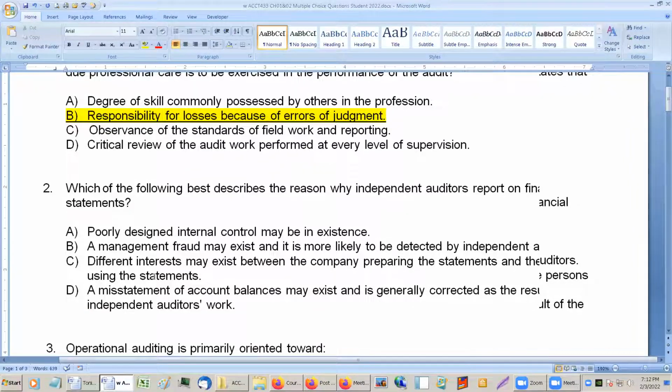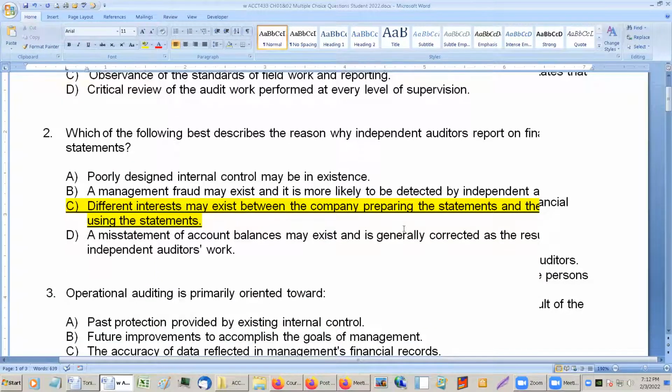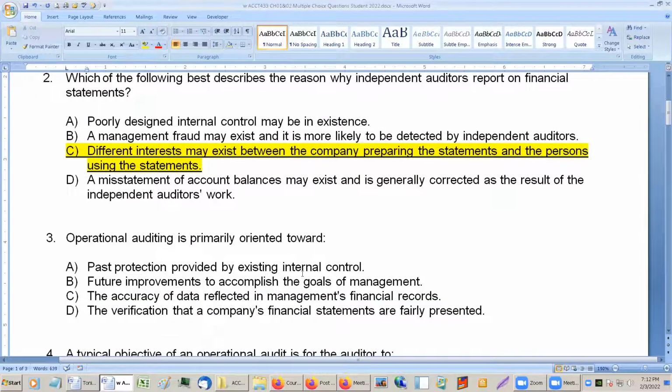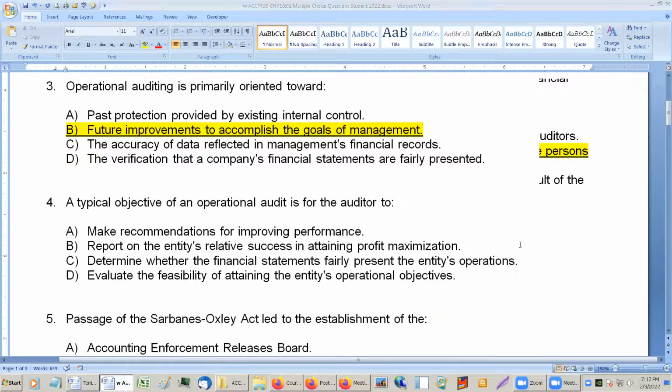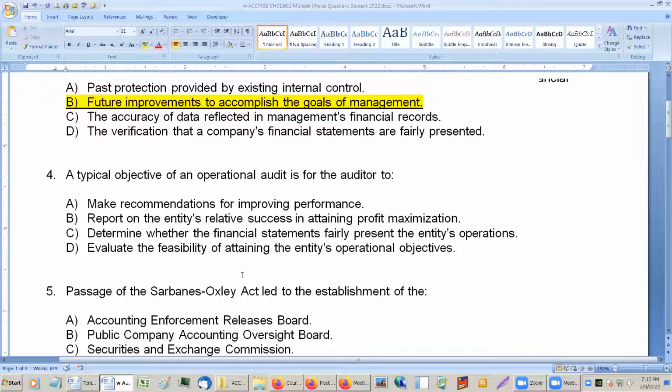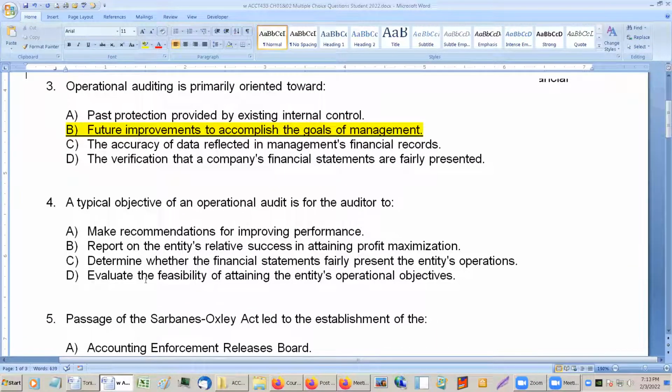Question 2 is also correct. Different interests exist in reading the financial statements. Three, operational audit. Yeah, operational audit is similar to consulting, and yep, trying to make things better.